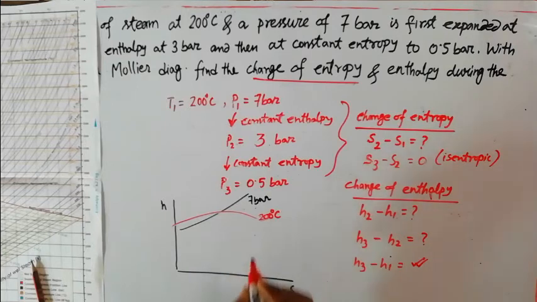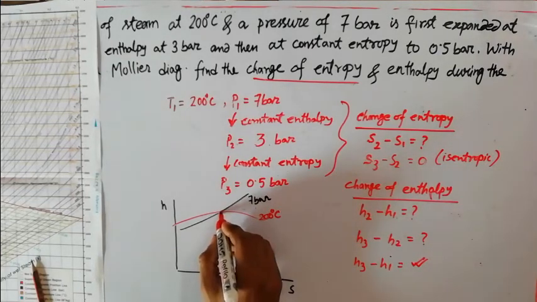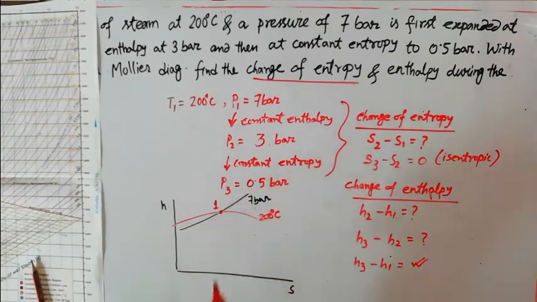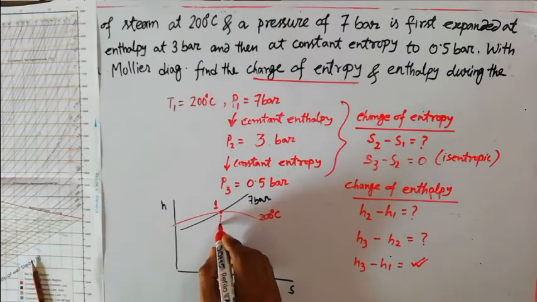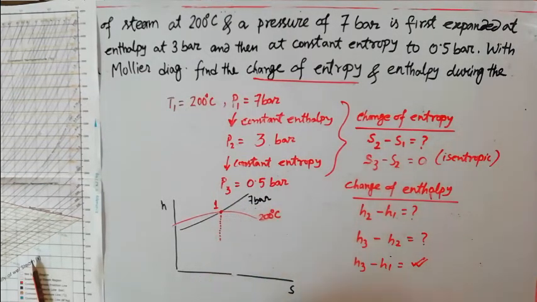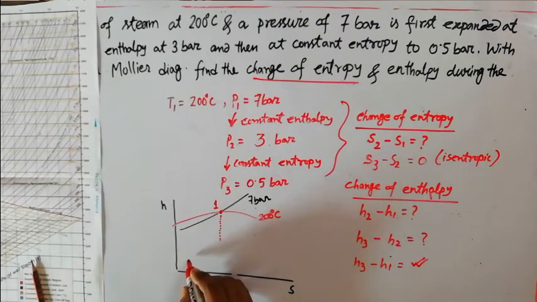That is the intersecting point, state point 1. From there you have to draw a vertical projection, up to which limit? Up to 3 bar. Suppose this is our 3 bar pressure line.